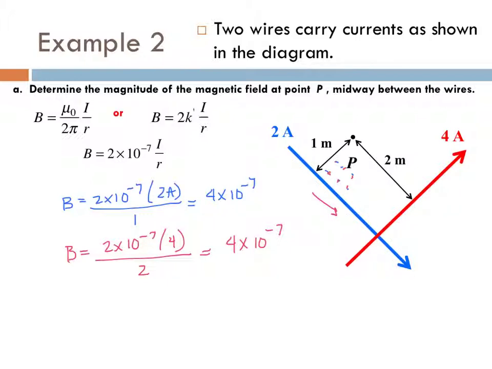And then if we point our thumb in the direction of the red wire, it also comes out of the page. So because they're both pointing in the same direction, we're going to add them. So our total is simply 8 times 10 to the negative 7. Again, it's coming out of the page, which is positive Z.